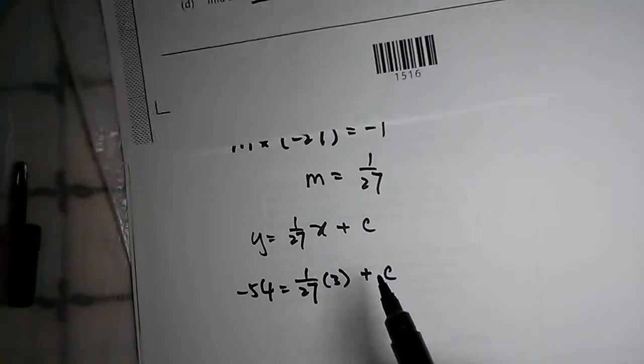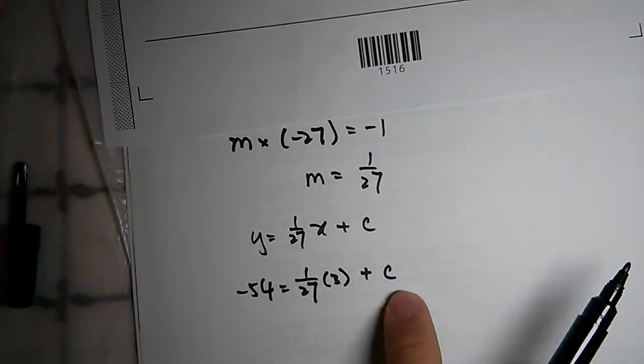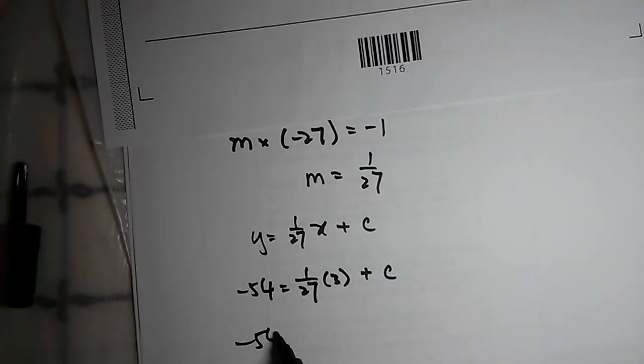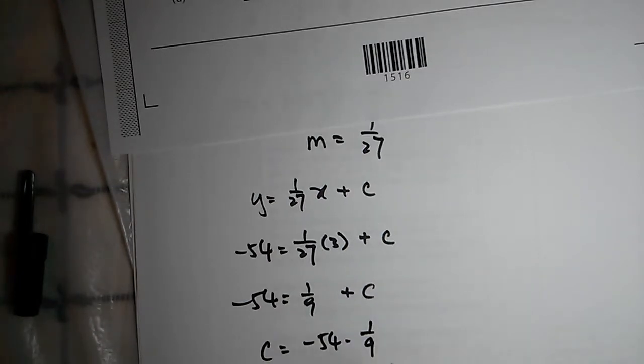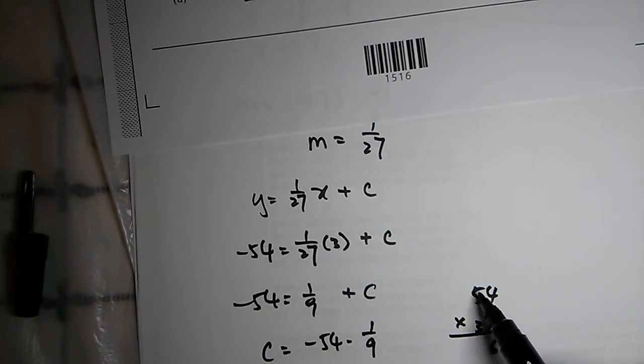Let's simplify this a little bit to find the value of c. So negative 54 equals 1 over 9 plus c. C would then be negative 54 minus 1 over 9, moving the 1 over 9 to the other side. This fraction is a little bit big, so we may need to simplify it.